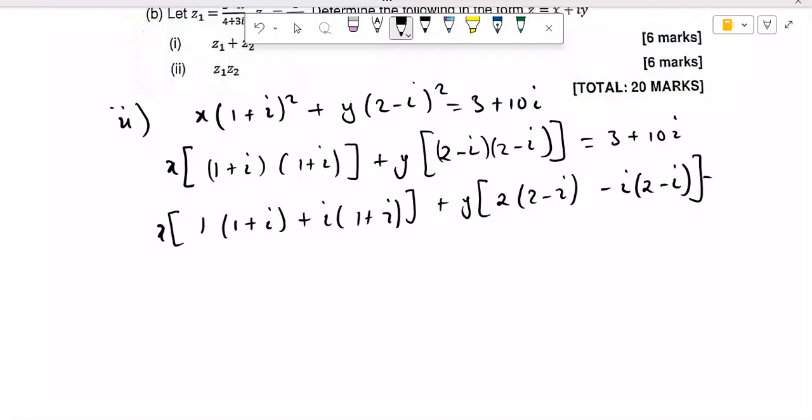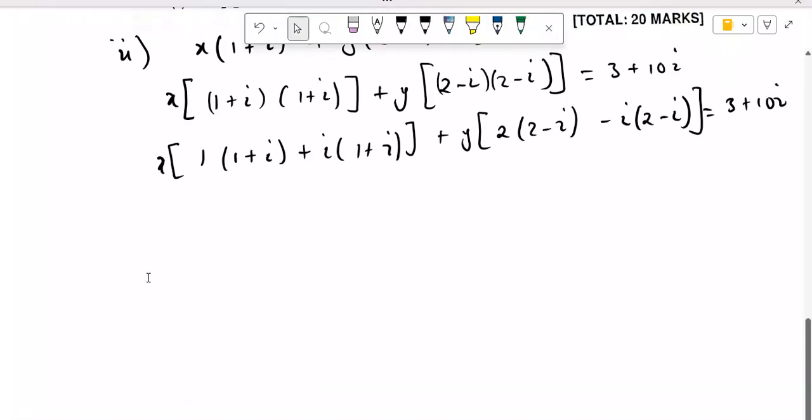This is for y, then you have equal to 3 plus 10i. So we continue. You have x in bracket 1 by 1, you have 1, plus 1 by i, you have i, plus i by 1, you have i, i by i, i squared, is negative 1. So we just directly solve it like that.